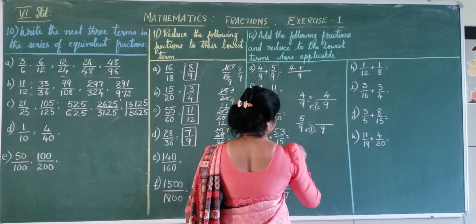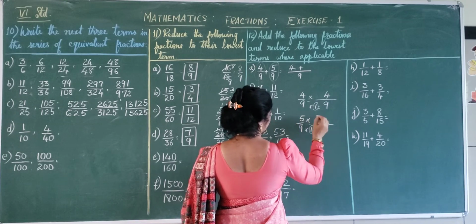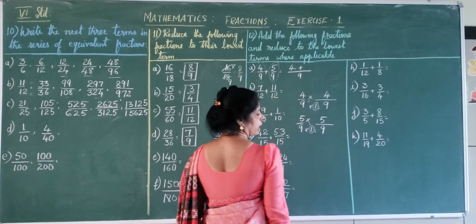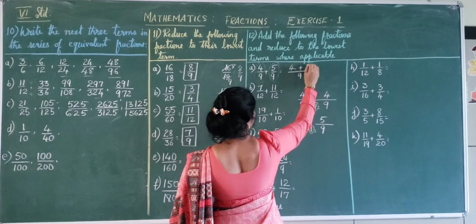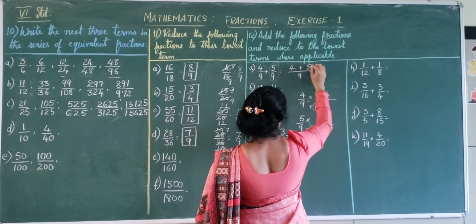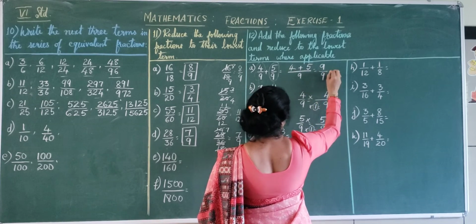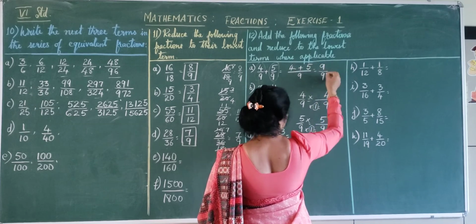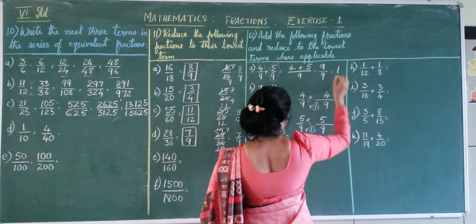This is the middle factor, into the numerator, so 1 into 5 is 5. So the total answer here is 4 plus 5 is 9. Now 9 by 9, if you cancel, is nothing but 1.